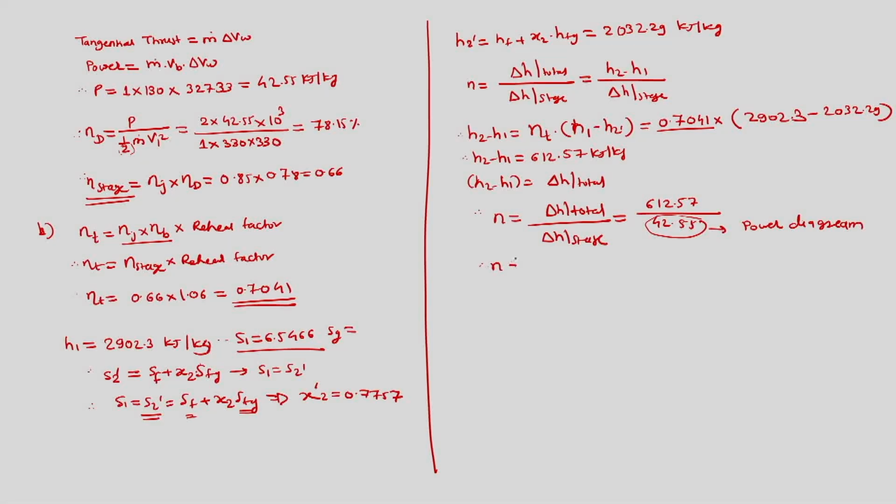So n is equal to 14.39, which is almost equal to 15. So we need 15 stages for this turbine. So here we have solved this example on the impulse turbine.